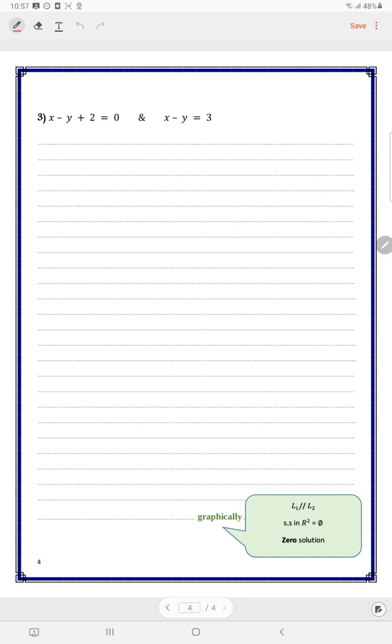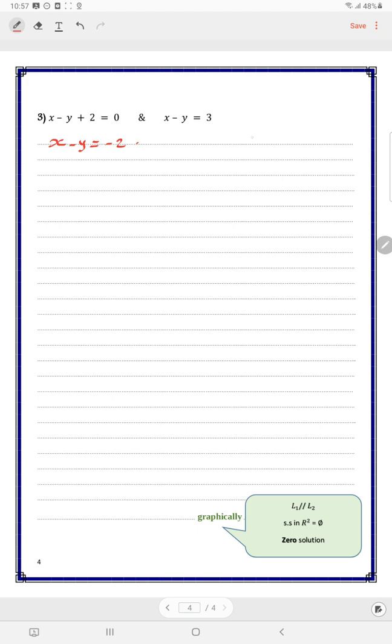Okay, now the third example. Here I have two equations. Determine the position. So I will write x minus y plus 2 equals 0. Sorry, I said before, in the form x minus y equals negative 2. Why?